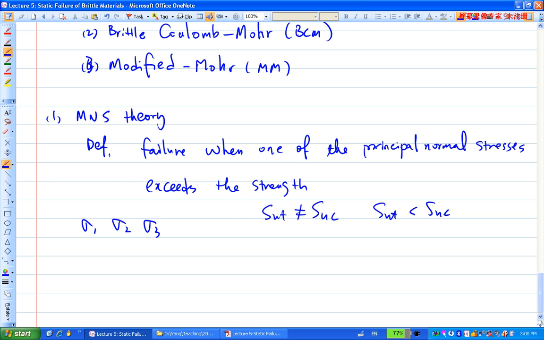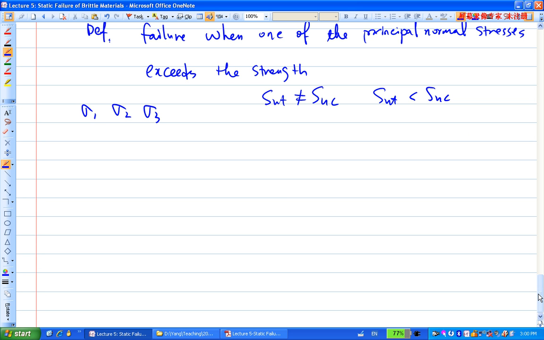Gray cast iron has SUC about 3 or 4 times bigger than SUT, and ceramic materials have even higher ratios. So what possibly exceeds SUT? The only possibility is when sigma 1 is greater than SUT, and the other possibility is when sigma 3 is less than negative SUC.